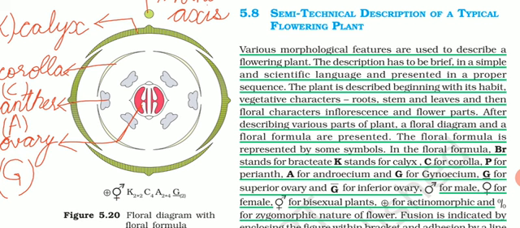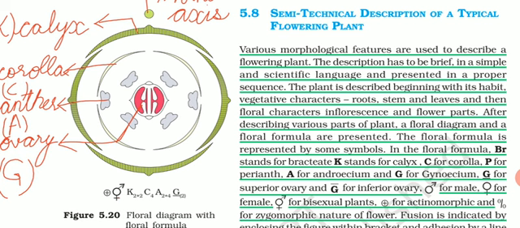So the floral diagram and floral formula are represented by some symbols. First of all, if a bract is present under the pedicel of the flower, it is called bracteate and it is represented as capital B small r. But if there is no bract, then it is written as capital E small b small r, meaning ebracteate.